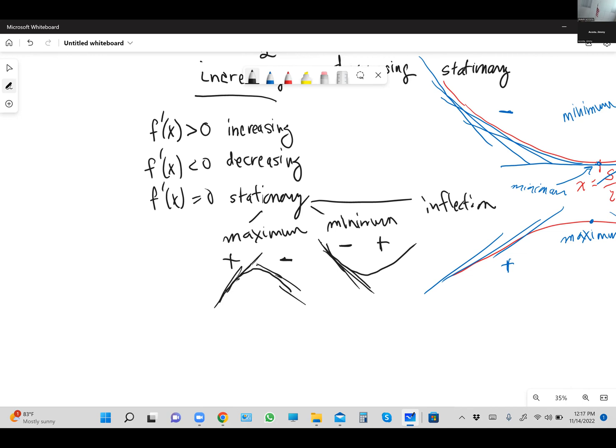And an inflection, I think of it like this, a slurve. There's a positive, there's a stationary, and there's a positive. Or backwards, negative. Maybe not quite like that, but yeah, you get what I mean.